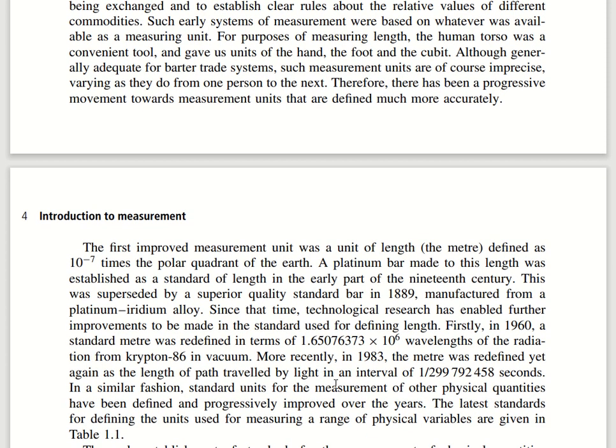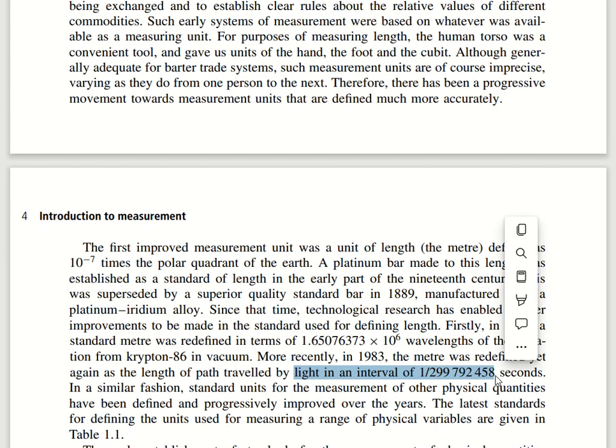After that, in 1983, the meter was redefined as the length of the path traveled by light in an interval of 1 by 299,792,458 seconds. If you measure the speed of light, you will find this value. We simply write it as 3 into 10 raised to 8 meters per second.